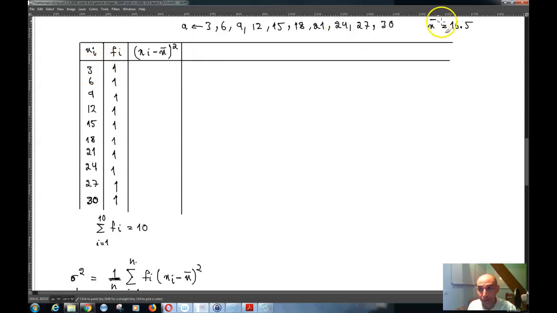For example, 3 minus 16.5 is equal to negative 13.5.